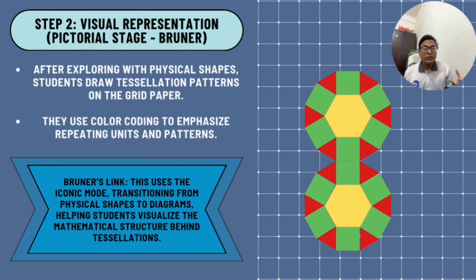Bruner cognitive learning theories. So the pictorial stage is the CPA approach, which is the second stage. After exploring with physical shapes, students draw tessellation patterns on the grid paper. They use color coding to emphasize repeating units and patterns. So what's the Bruner link for this step?